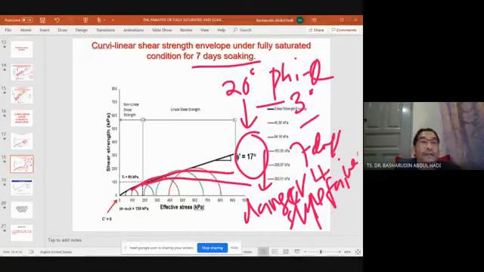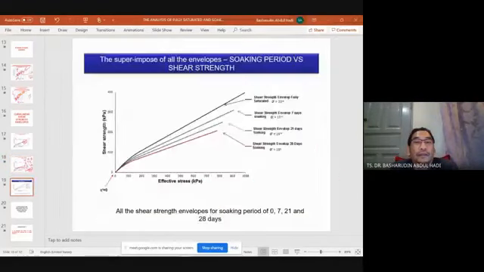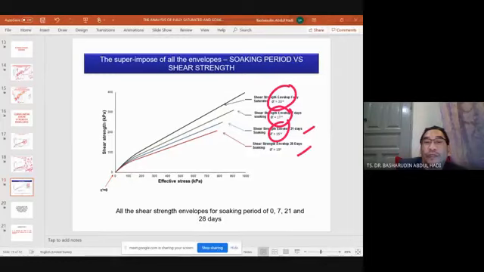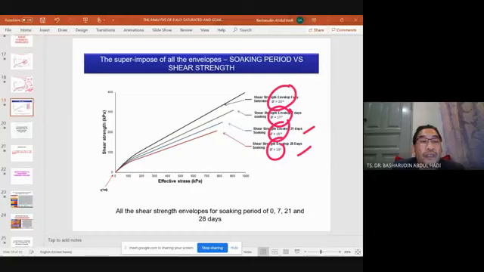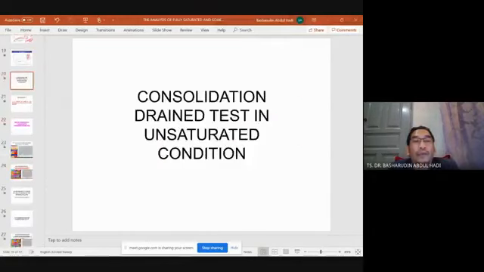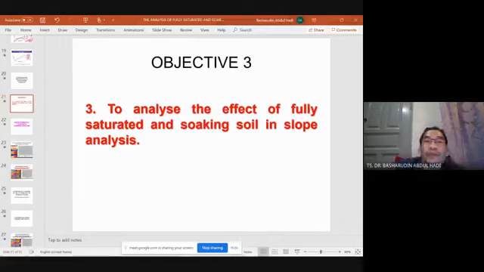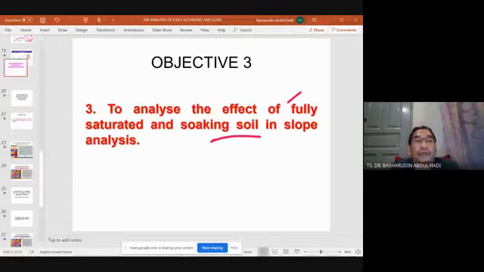Next, this is how we see this one is 20 degrees, 17 degrees, and we have data also to support you about the 21 days is 35 degrees, 28 days is still going down to 30 degrees. In the consolidated drained test, we are measuring this. And objective number 3 is to analyze the effect of fully saturated and soaking on slope failure.